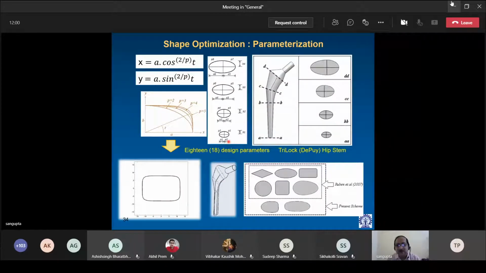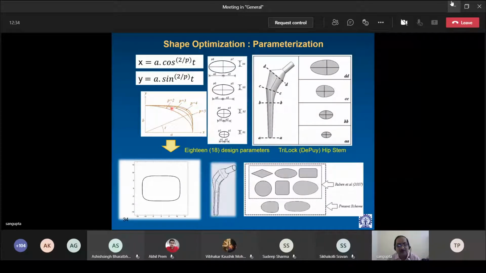Now, if you look in these 4 key sections, we can actually parameterize these sections, and this parameterization, you can see that as I told you, the curves can vary from ellipse to super ellipse according to the power 2, 3, 4, 5.